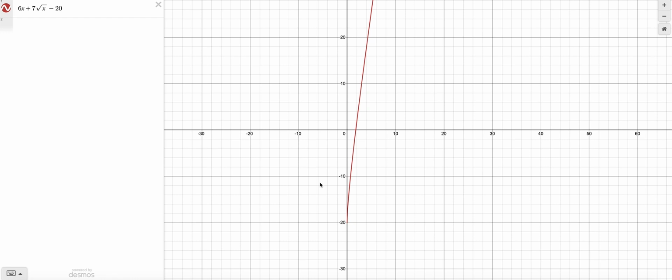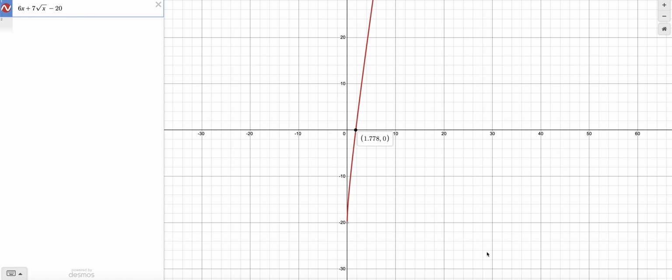If we go and have a look, this is the function 6x plus 7 root x minus 20, and we can see that it has only one root. So there can't possibly be two different values of x produced by this. Let's have a look what that root is. It's 1.778. Okay, so knowing that, on your graphical calculator, you can select to view the coordinate of the root. If you don't know how to do it, I'll show you.